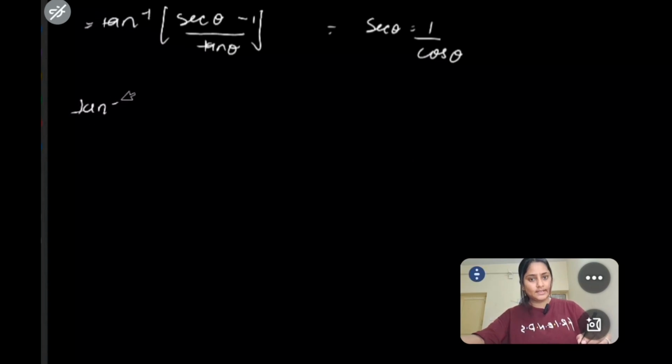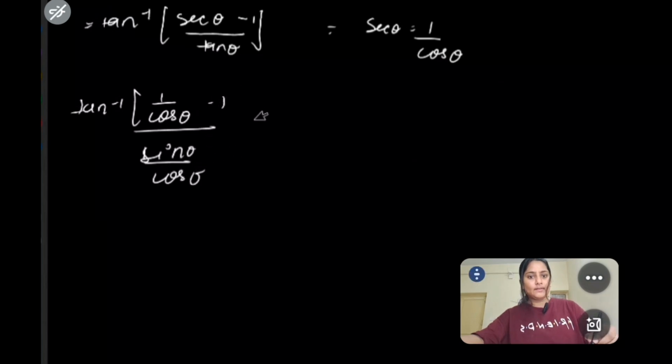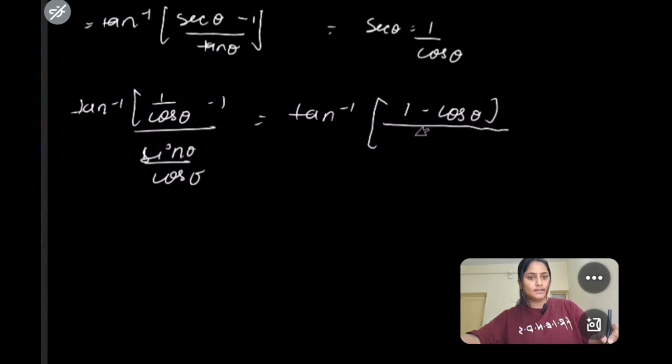So in the next line, tan inverse of 1 upon cos theta minus 1 upon sin theta by cos theta. Now we'll take the LCM and directly write it as tan inverse of (1 minus cos theta) divided by sin theta.